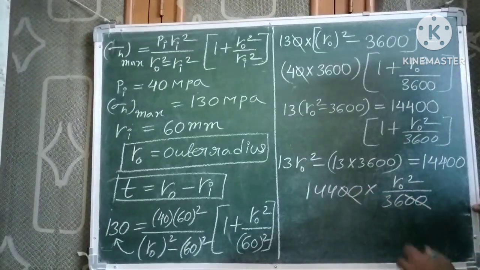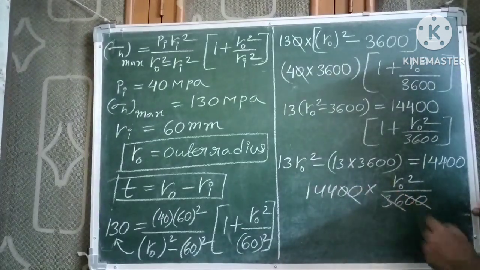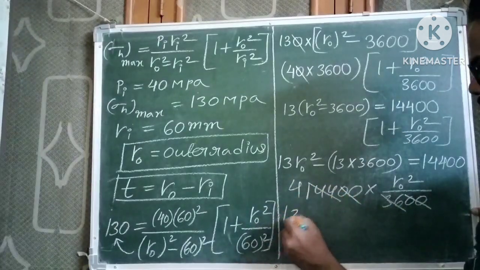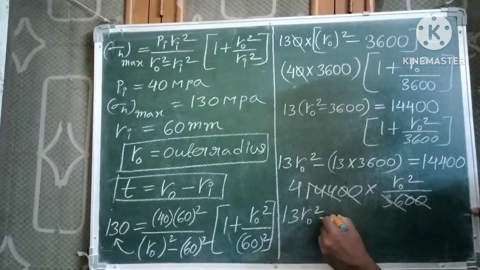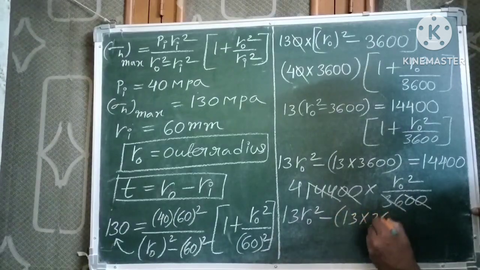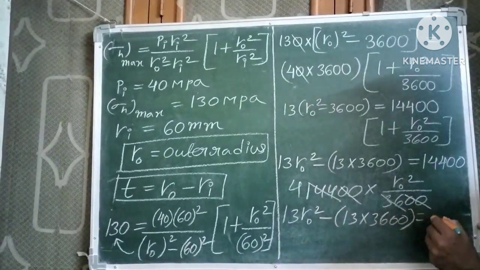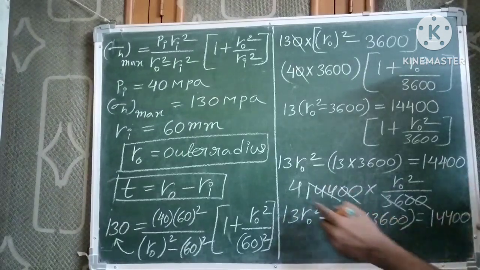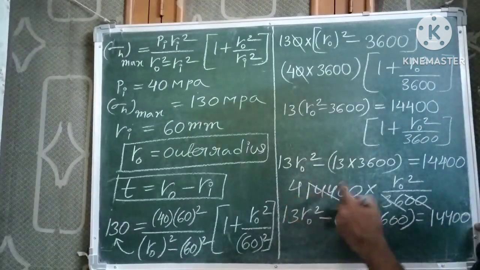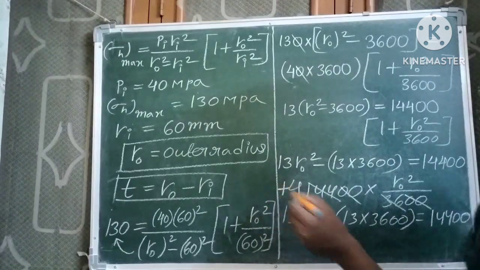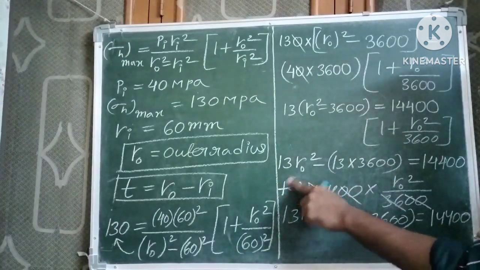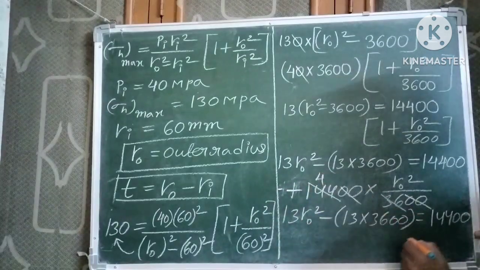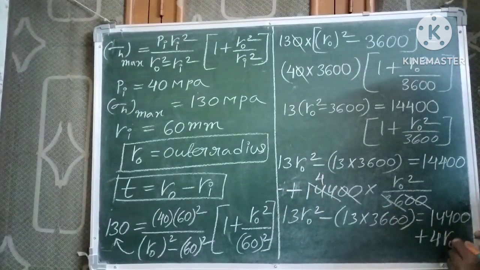Two zeros get cancelled, 36 ones, 36 fours. So 13 R naught square minus 13 into 3600 is equal to 14,400 plus 4 R naught square.